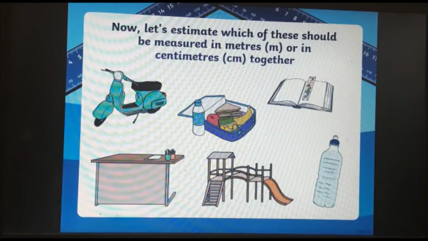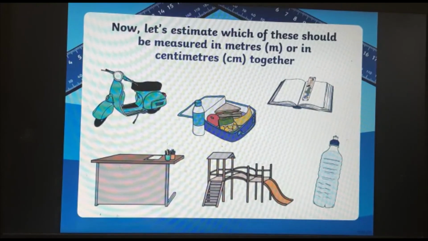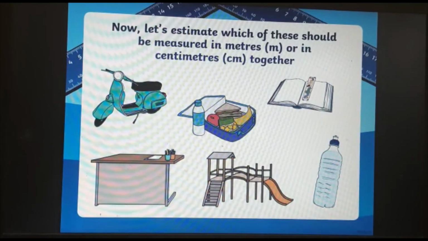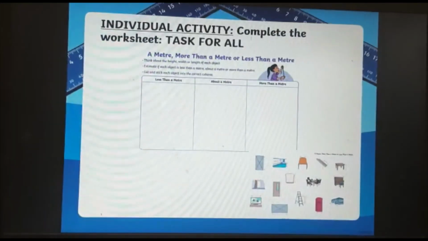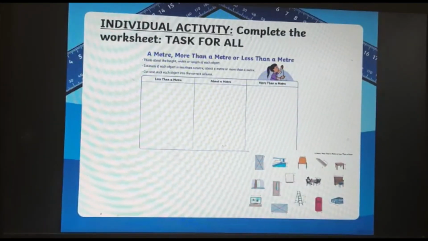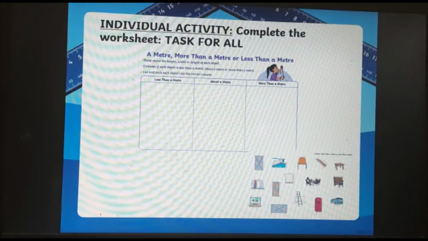I have a lot of things on my screen right now, and I want you all to take a good look and write in your notebooks which things you think should be measured in meters and which should go for centimeters. Come on, everybody start doing this. I have the individual activity for all the children.